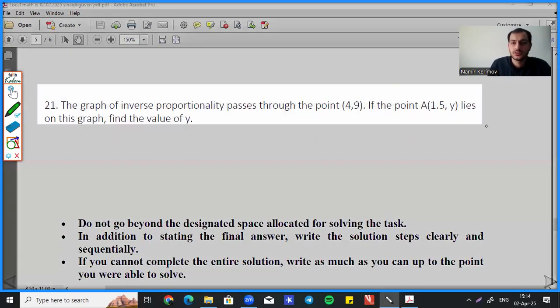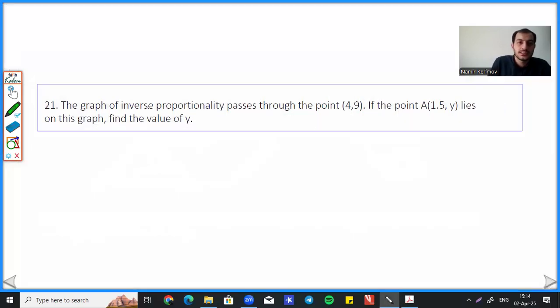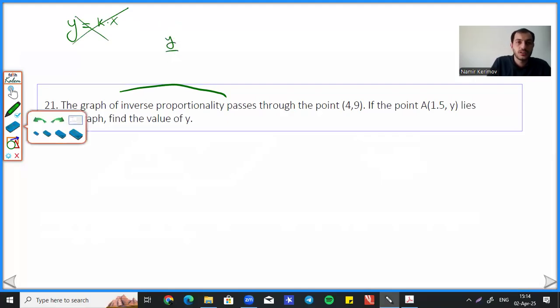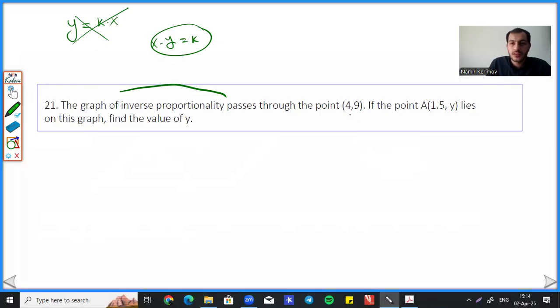And question 21. In question 21, it says they are inversely proportional. We know that for direct proportion, it's a constant times x. But for inverse proportion, y times x equals a constant. So that means 4 times 9 equals the constant.